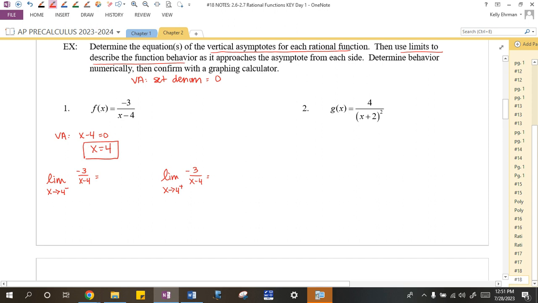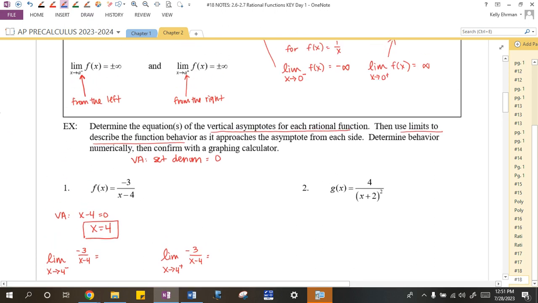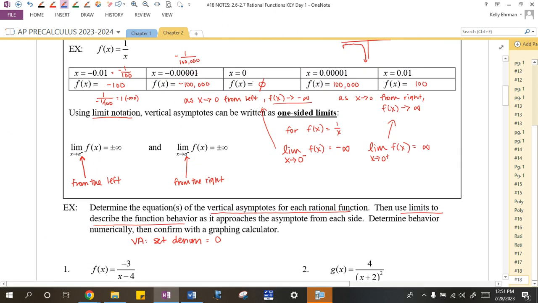Before we dive over to our graphing calculator, think about this numerically, kind of like what I did with the table. We want to pick a number, thinking about 4 being in the middle here. If this is 4, what's a number right to the left of 4? Like 3.9, 3.99, 3.999. And to the right would be like 4.0001.